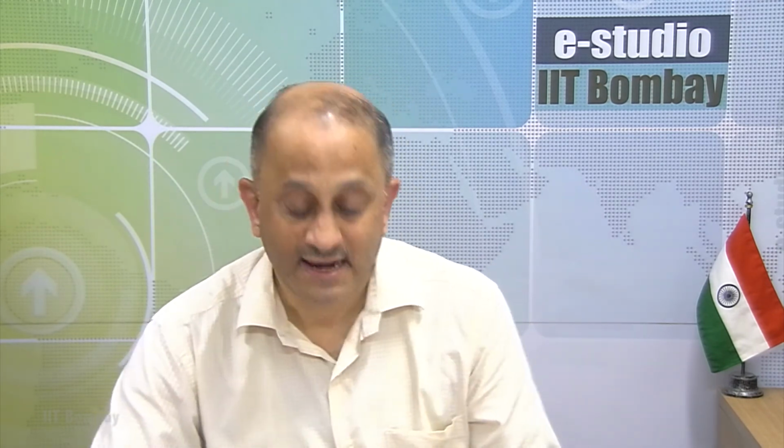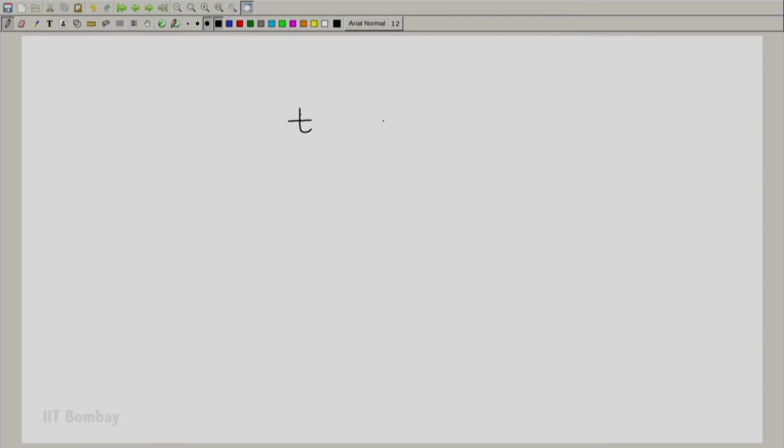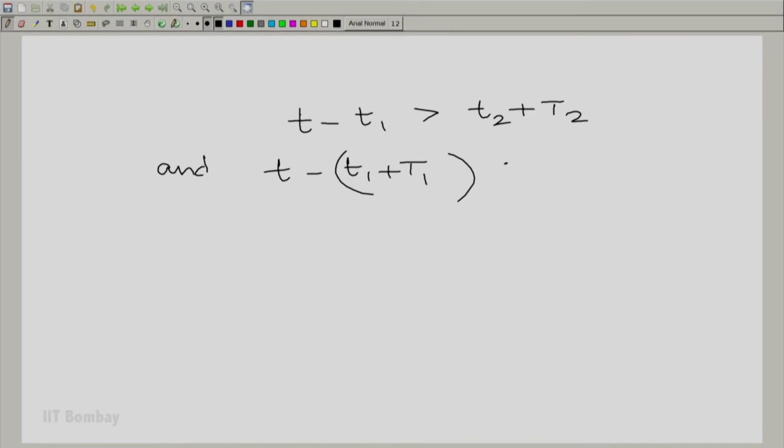So, now we have an expression, we need to write down the region over which it is valid. Let us do that. You need T minus T1 to have gone beyond T2 plus capital T2, but T minus T1 plus capital T1 is still less than or equal to T2 plus capital T2.